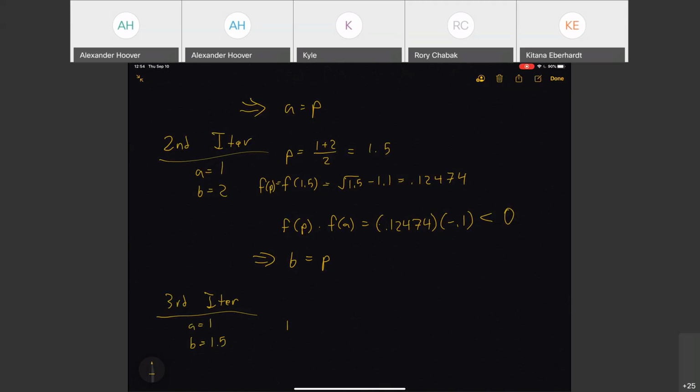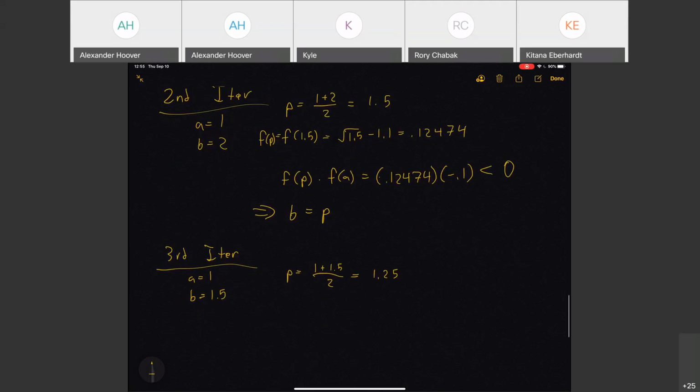If we do another P, then it's 1 plus 1.5 over 2 equaling 1.25, right?